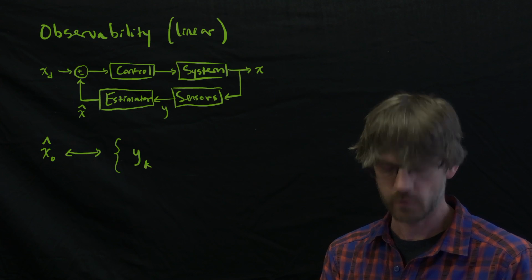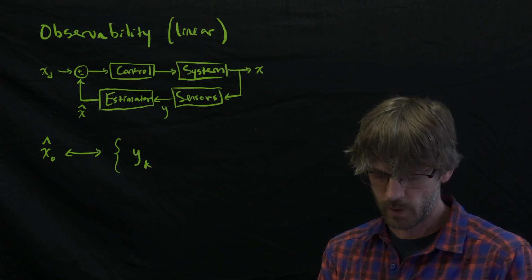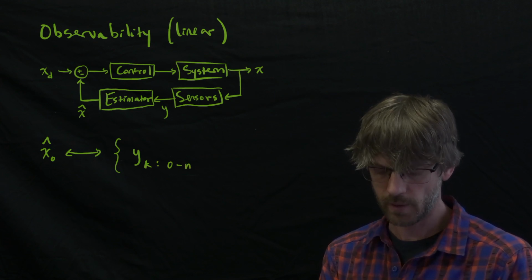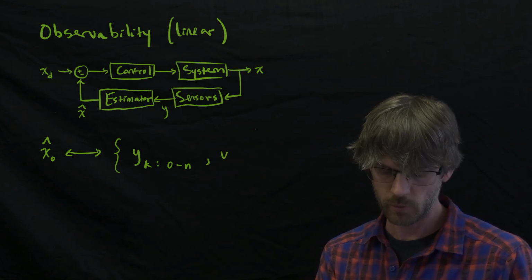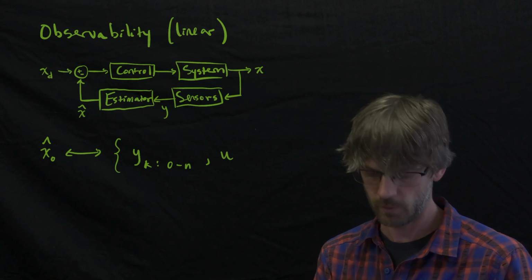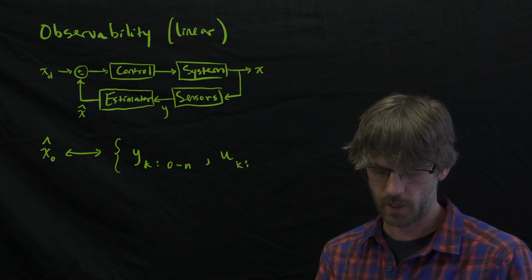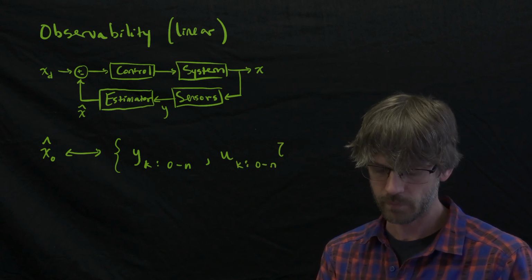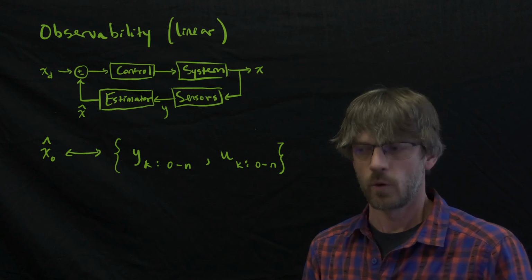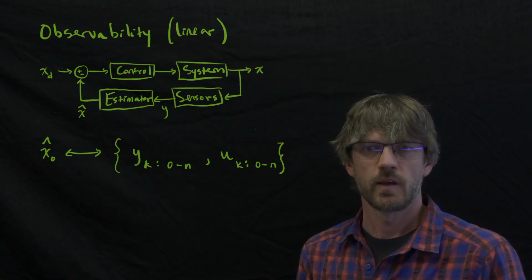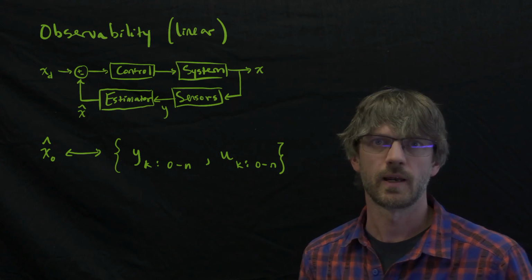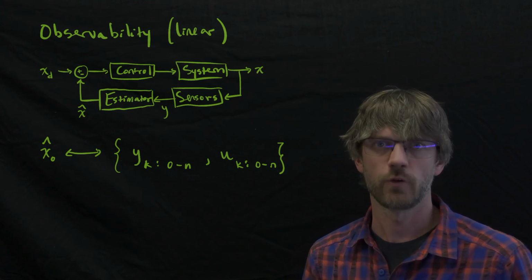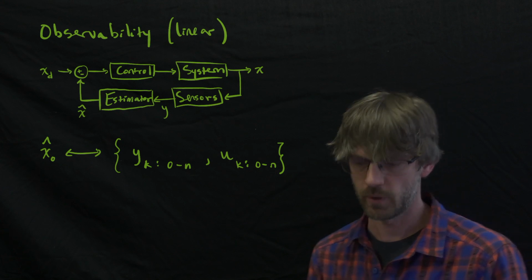And I'm going to do everything in discrete time here, from k equals 0 to n, so some window of measurements in time, in addition to the control inputs that you have available, also for k from 0 to n. So an observability analysis would tell us if our system's observable, then there is a one-to-one function that relates that initial condition to that collection of measurements and control inputs.